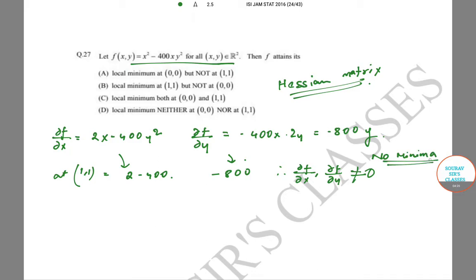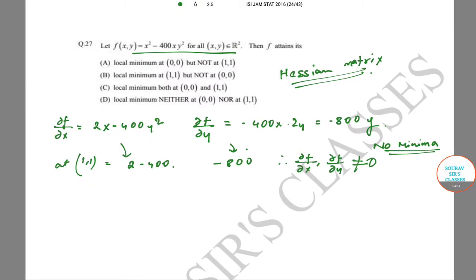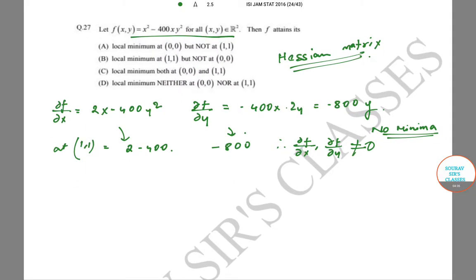To have a local minima, the first condition is that the first derivatives dou f dou x and dou f dou y have to be equal to 0. At 0 comma 0 we see that dou f dou x equal to dou f dou y equal to 0, and so we need to compute the double derivatives now. What is dou squared f dou x squared?